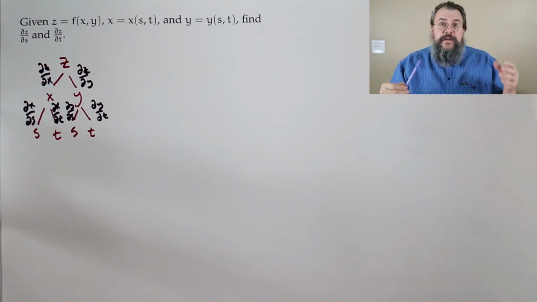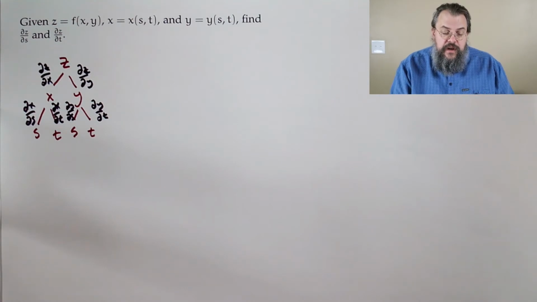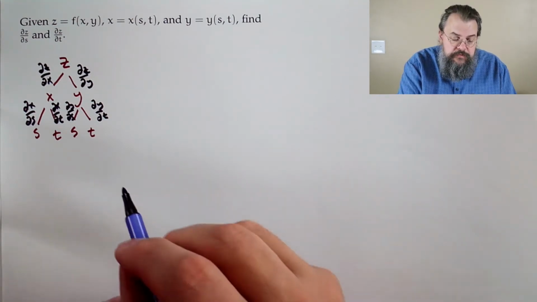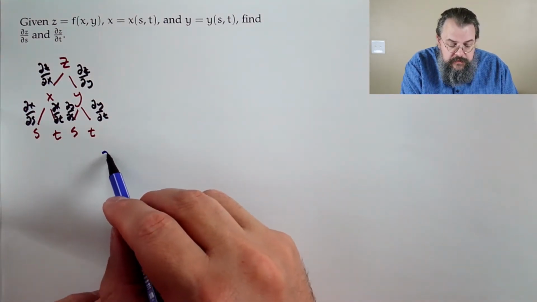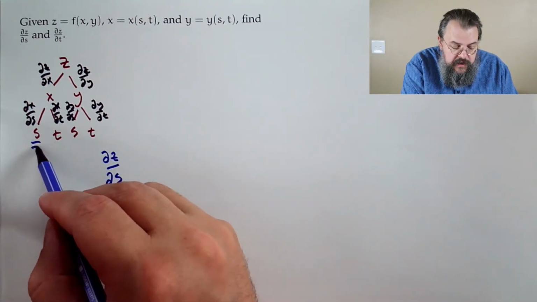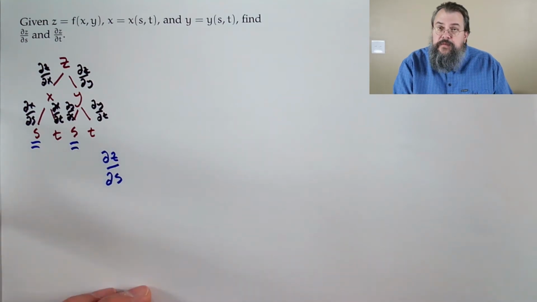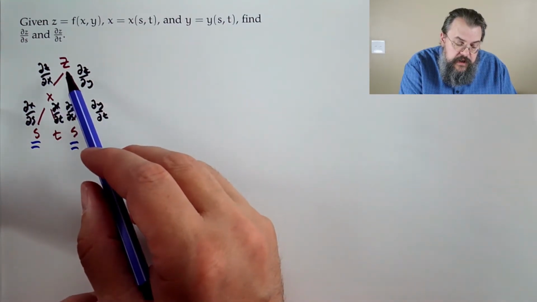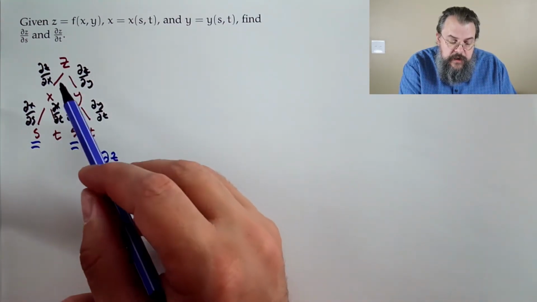But once you have the structure in place, the tree, you can read off the answers. So, for instance, partial z, partial s, well, you just say, find all the places where an s shows up and work your way down. Each way is going to be a different term. You add them up.